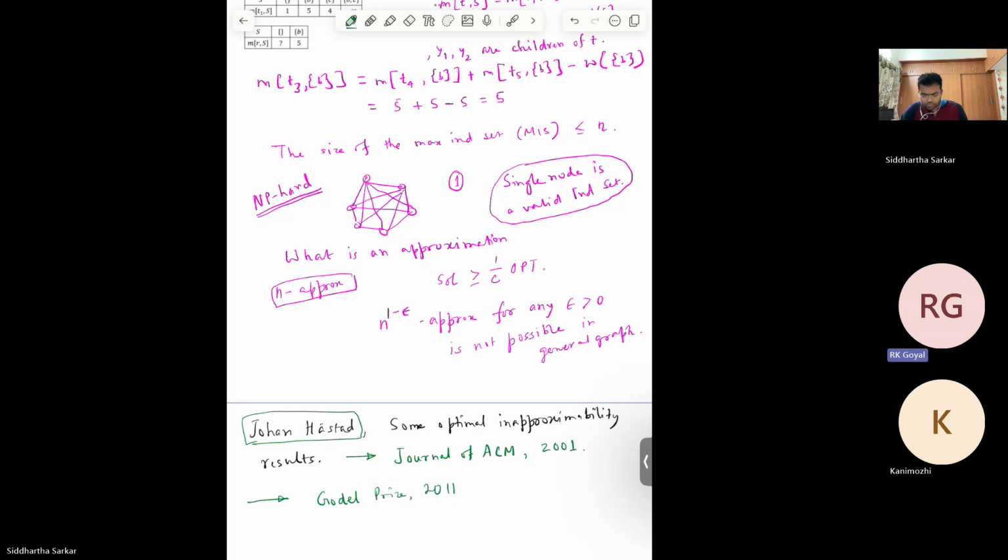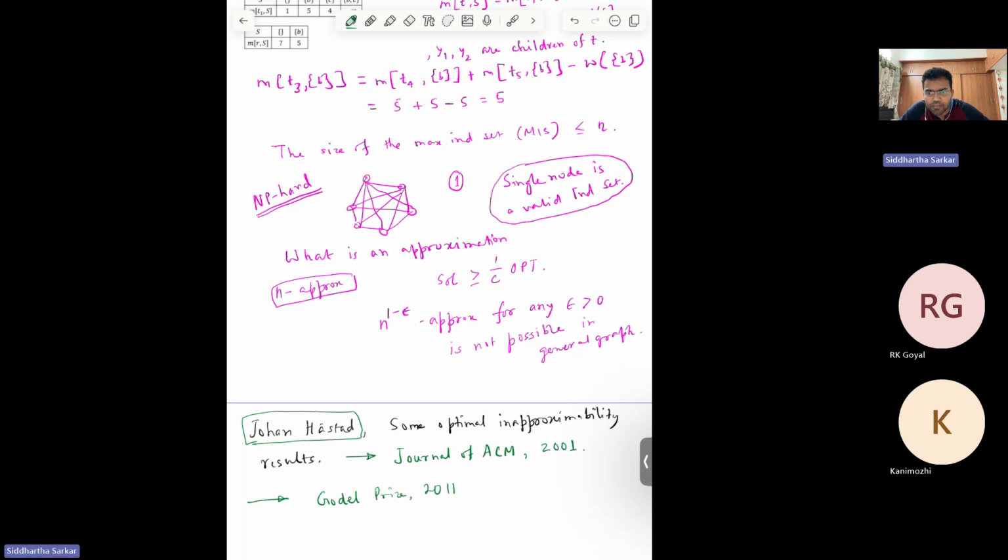This is not only about this result, it contains many other inapproximability results. And if you look at the abstract, it is so interesting. It's very small. And I just looked at the ACM citation in honor of Johan Hastad.